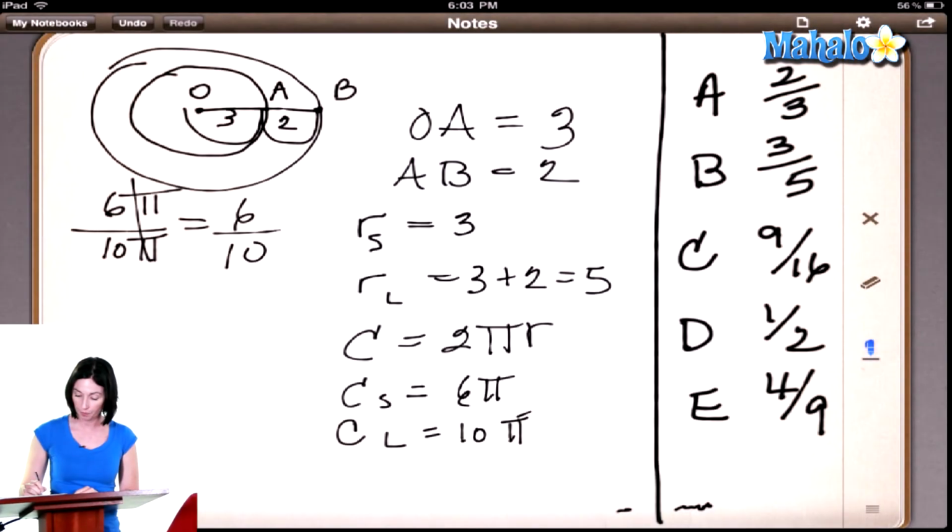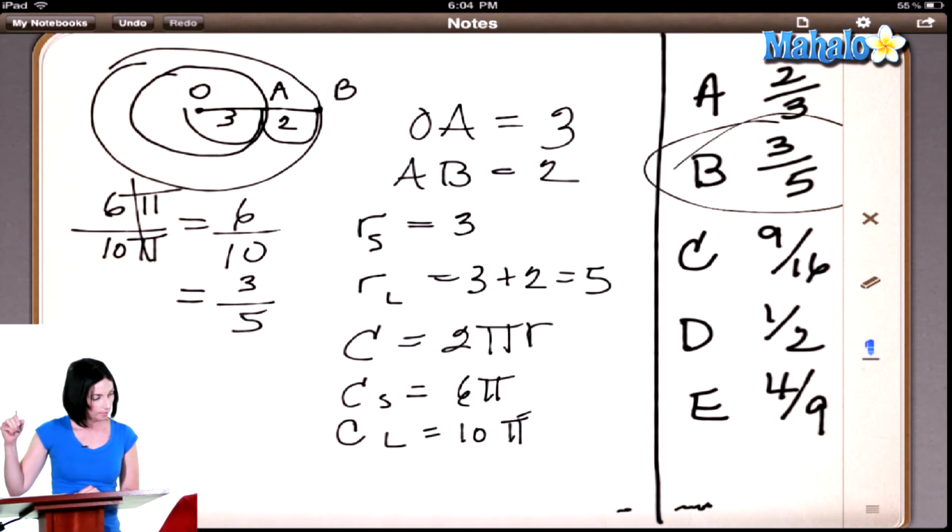Just take a look and see if you can reduce it. Don't give up and start redoing the whole problem because you're so close. So what is 6 over 10 reduced to? I would divide both by 2 and get 3 over 5. Right, 3 over 5. And that is one of our answers, right?